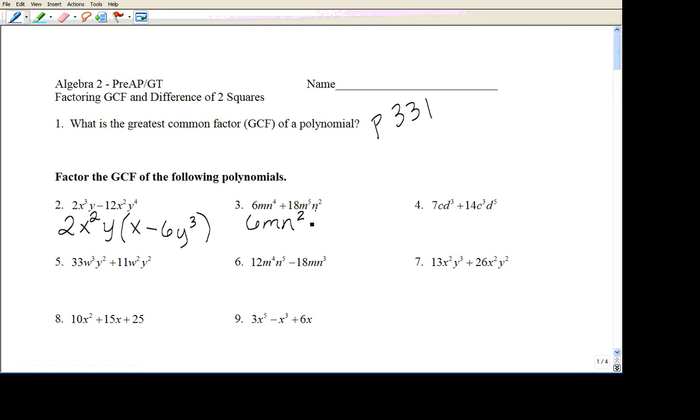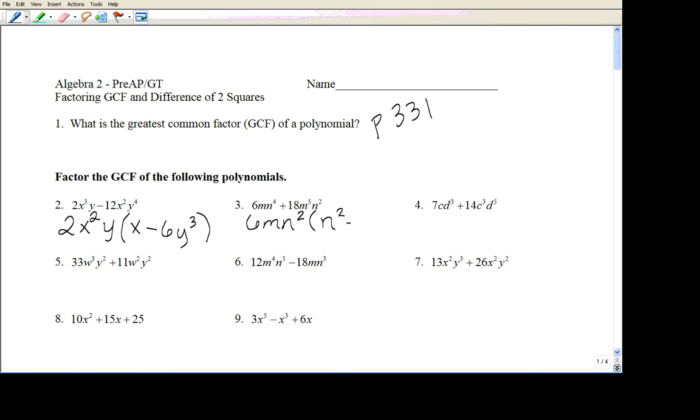When we do that, we're left with 6 divided by 6 is just 1, m divided by m is just 1, but n to the fourth divided by n squared, when you're dividing like bases, you subtract the exponents. So 4 minus 2, so we just have n squared left over.